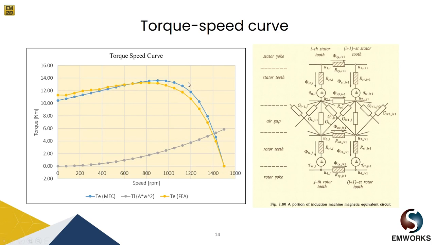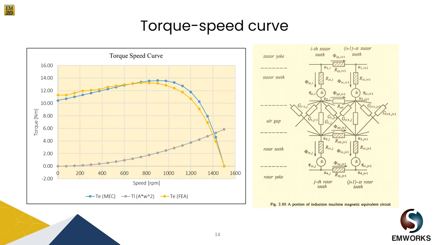Calculation of the torque speed curve using the magnetic equivalent circuit method can be done in a logical time, right? Every single dynamic simulation using the magnetic equivalent circuit method can be done below 1 minute, even with a fine time step. But every single dynamic simulation using the finite element method will be time consuming.